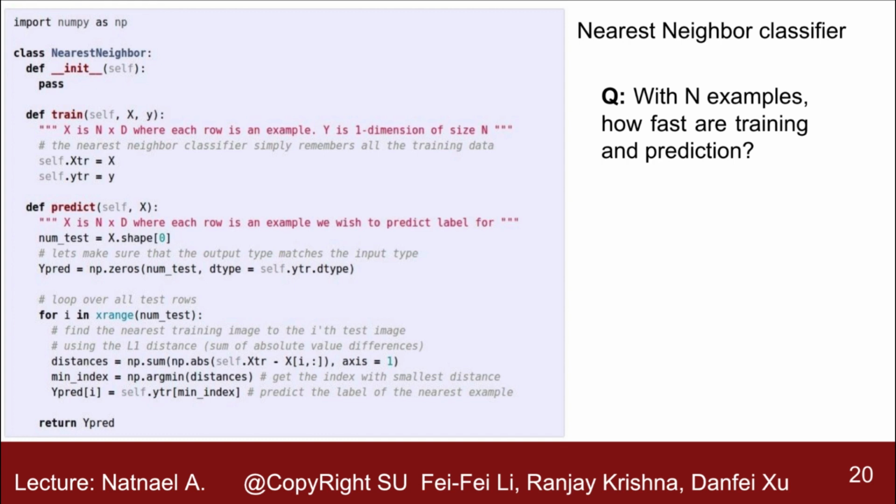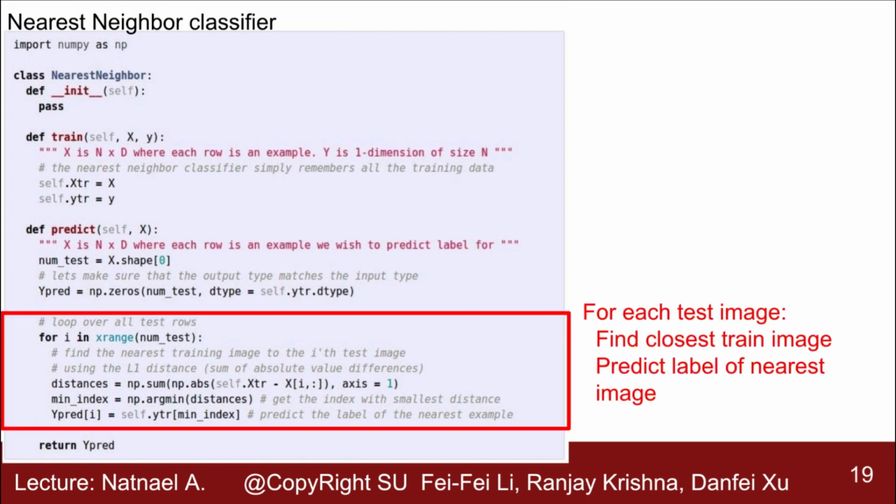As you can see here, for each new image in this set, the nearest neighbor computes, that means calculates, the distance between that new image and all other images.